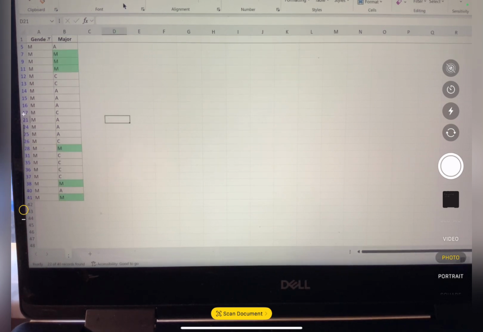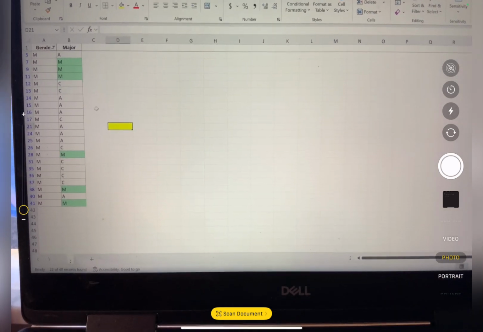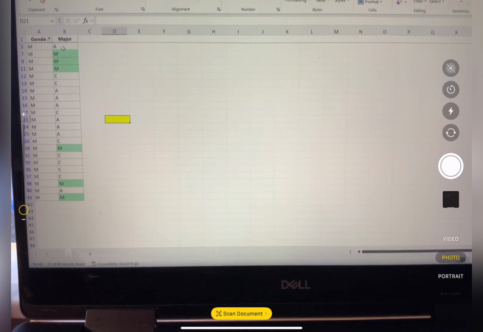Now, next I'm changing the color. So accounting, I want to have the same color by major, so it would be easy to calculate. So I'm clicking control, again choosing A here, another one, and I'm getting yellow.